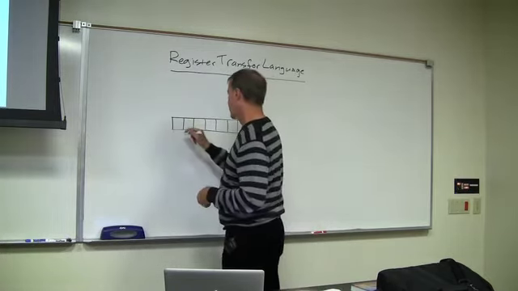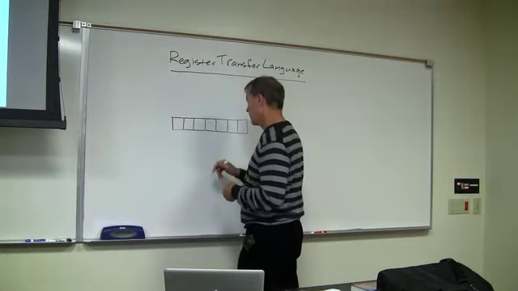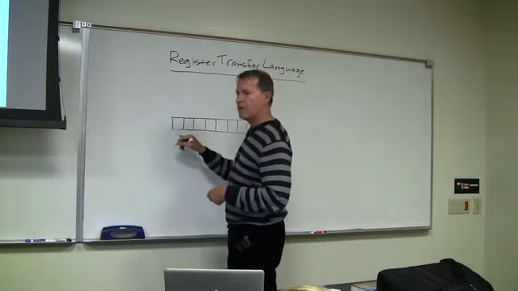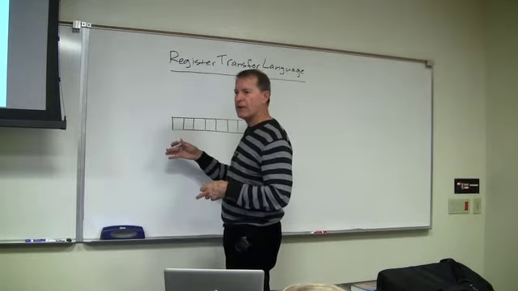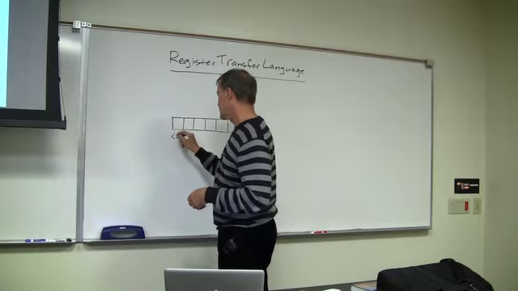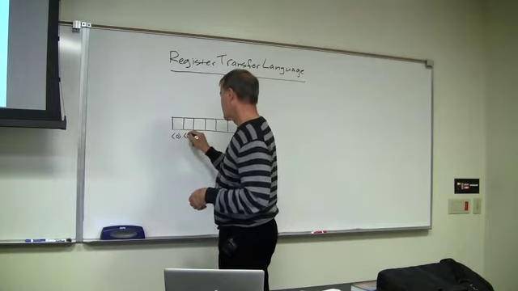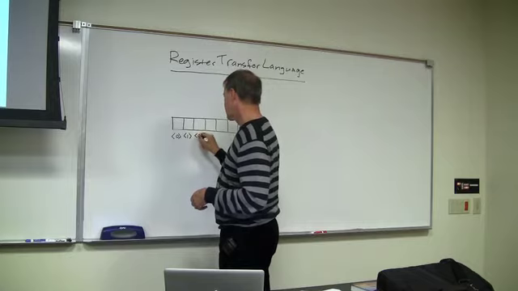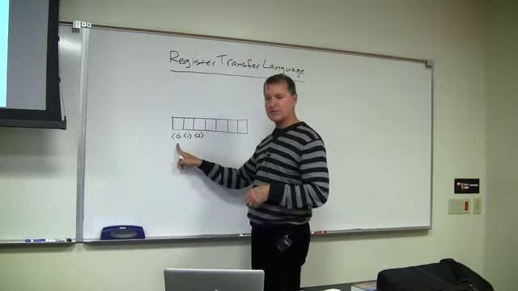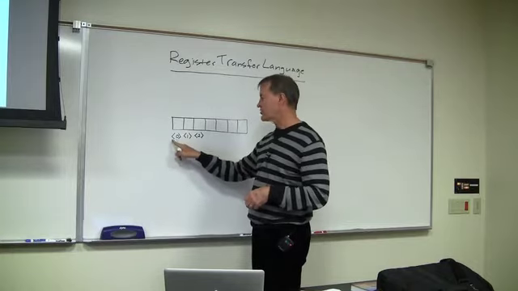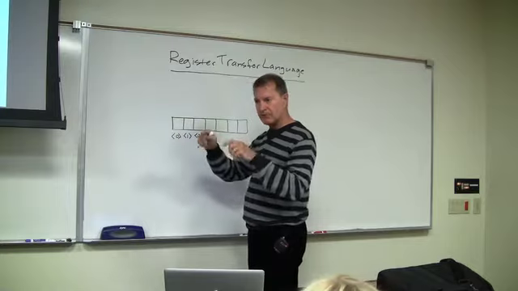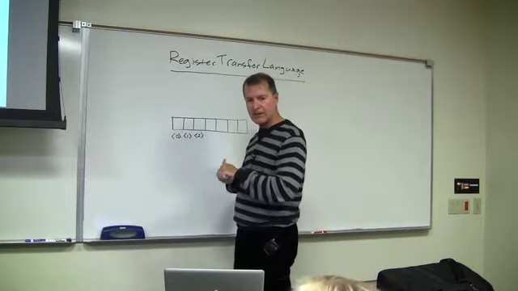And then the individual bits in a cell are specified exactly the same way they are as an array in C++. In other words, this is sub 0, this is sub 1, this is sub 2. So 0 is the most significant bit in the cell. But we use angle brackets when we're talking about a register, instead of square brackets, which is like an array in a higher order language.